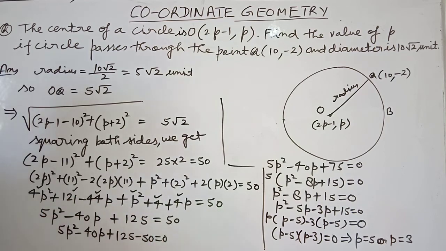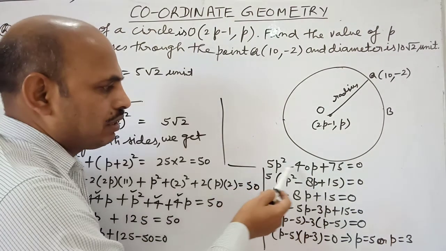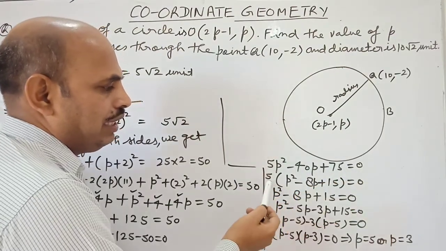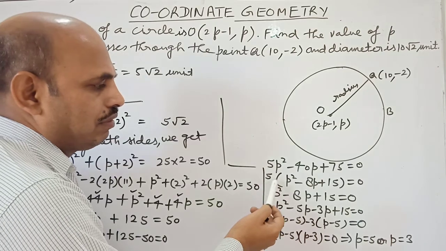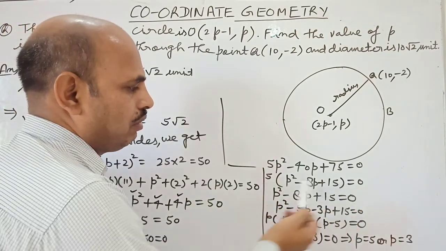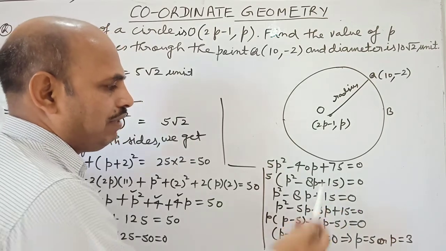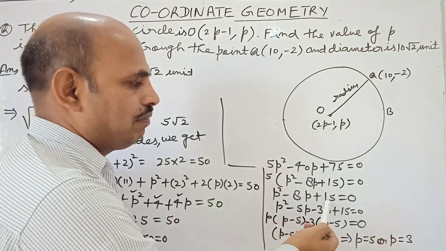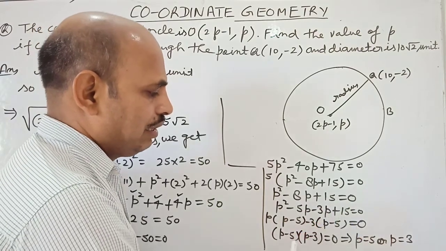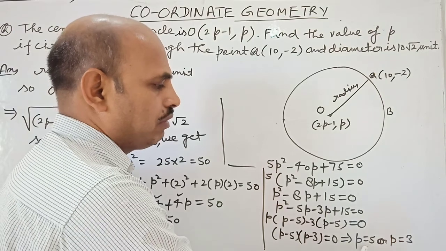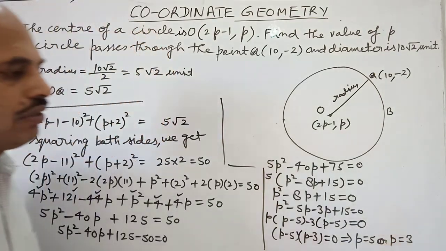Simplify this, we will get 5p square minus 40p plus 75 equal to 0. Take 5 common: 5 into p square minus 8p plus 15 equal to 0. Divide both sides by 5. So we have p square minus 8p plus 15 equal to 0. Do factor. We have (p minus 5) into (p minus 3) equal to 0. So p equal to 5 or p equal to 3.